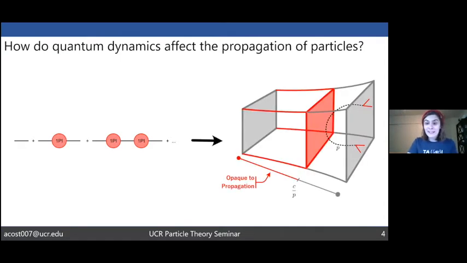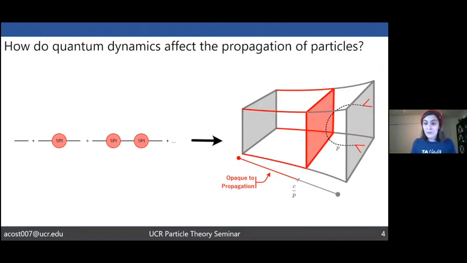And my claim is that these quantum corrections make it so that an entire region in the bulk of AdS is opaque to propagation. And so the point of this talk is to try and not only tell you how this comes about, but also along the way try to make it seem like a reasonable conclusion.